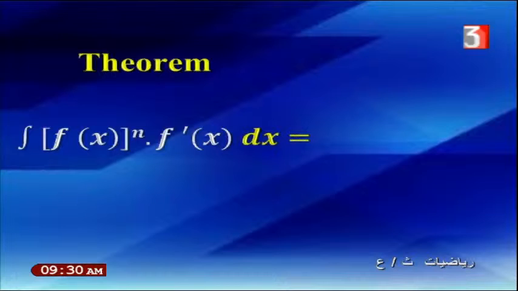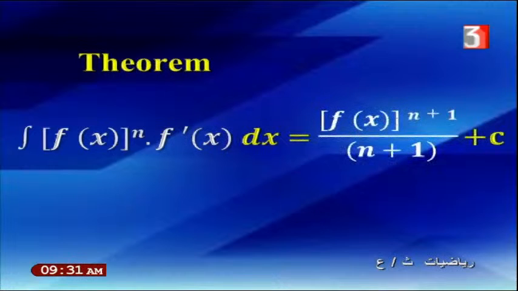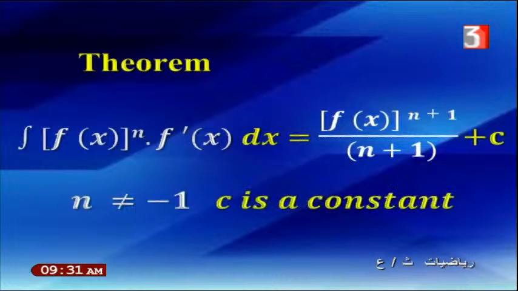And f dash x is the derivative of the function inside the two brackets. Then the integration equals f(x) to the power n plus 1 divided by the new power n plus 1 plus c, where n not equals negative 1 and c is a constant.